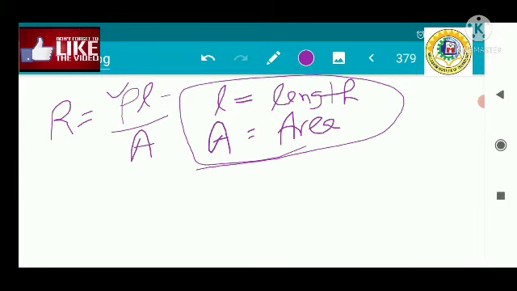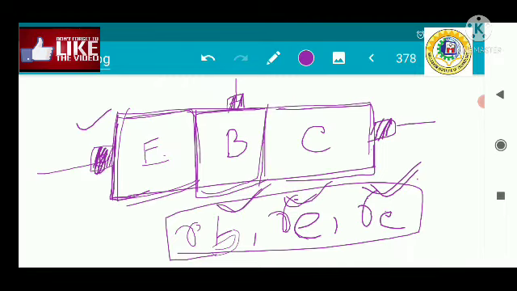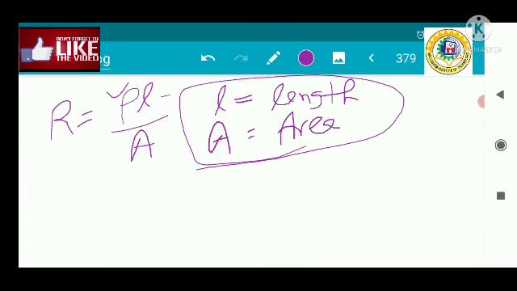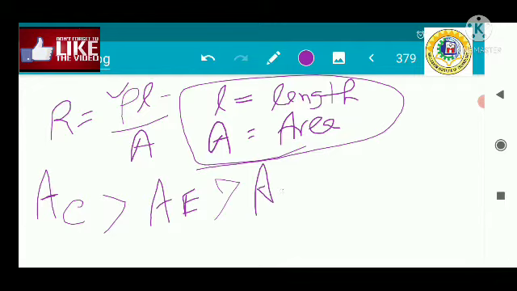Now looking into this transistor, the collector region has the highest area. So collector area is the highest, after that comes the emitter area, and after that the base.